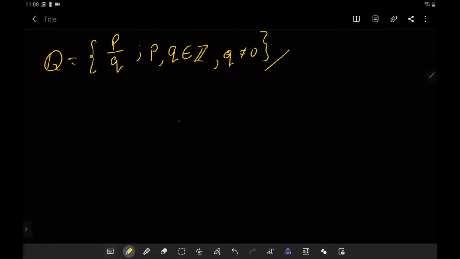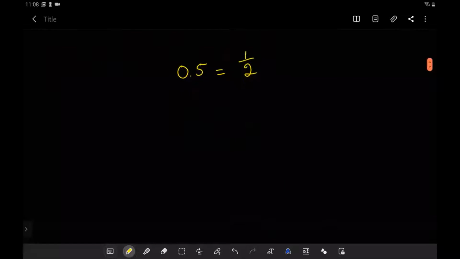So if I have 0.5, we know we could write that as a half, because intuitively 0.5 is a half of 1. But how do we get to 0.5? We start off with 1 divided by 2.